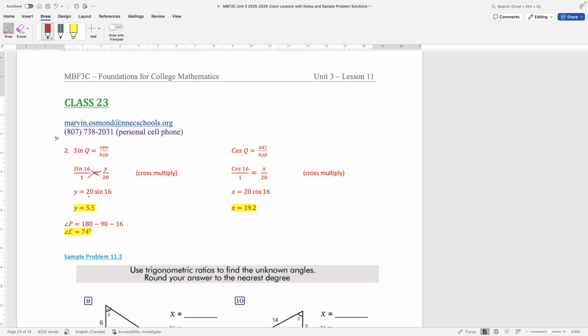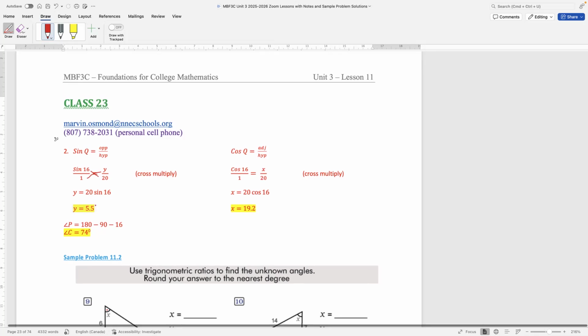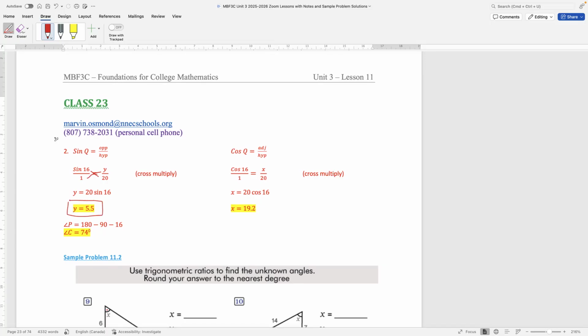So now there's no division here. Now it's simply a matter of taking your calculator and going 20 times sine of 16. So 20, turn it on first. 20 times the sine of 16 is equal to 5.512747116. So round that to the nearest tenth, one decimal place, and you'll get 5.5.